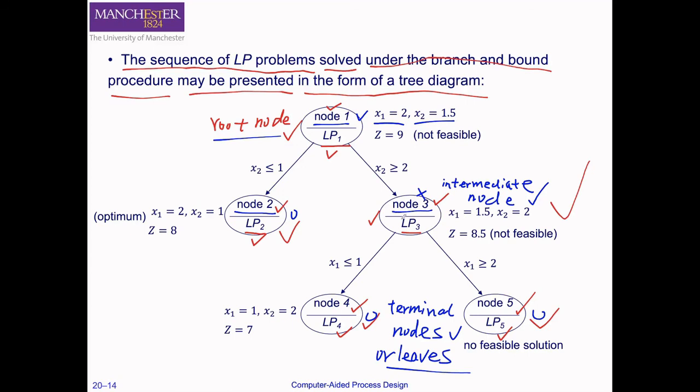Similarly, after solving LP3, x1 is equal to 1.5 and x2 is equal to 2. Because x1 is not an integer, this variable x1 is partitioned and two new LP problems, LP4 and LP5, are created, which are represented by node 4 and node 5. The process of creating these two new problems is also called branching.